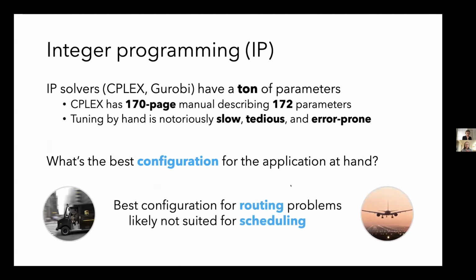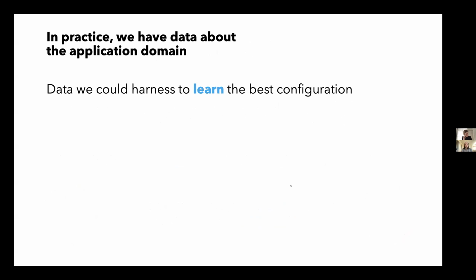Whatever configuration is best for solving the routing problems that a shipping company has to solve day after day is probably not particularly well suited for solving the scheduling problems that an airline has to solve day after day. Well, in practice, we often have ample data about the particular application domain in which we'll be using this algorithm, data that we could potentially harness in order to learn the best configuration for the application domain.